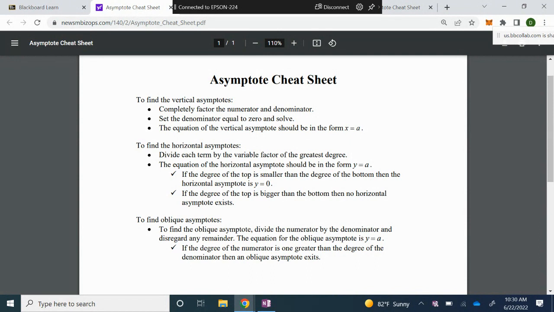So if the numerator is a smaller degree than the denominator, then the horizontal asymptote is y equals 0, and there's no need to follow the bullet points. The second checkpoint says if the degree of the top is bigger than the degree of the bottom, then no horizontal asymptote exists.